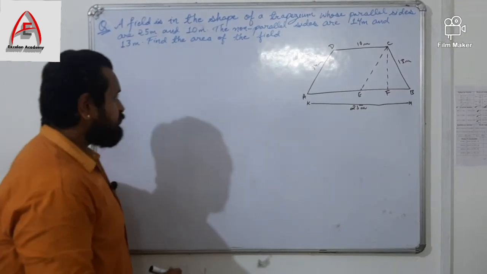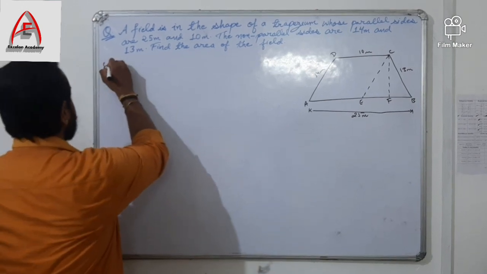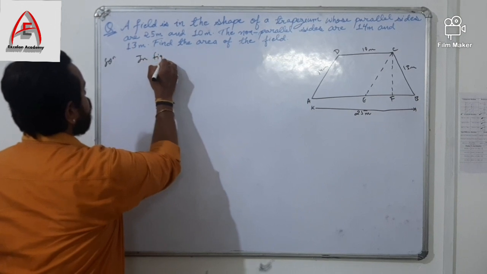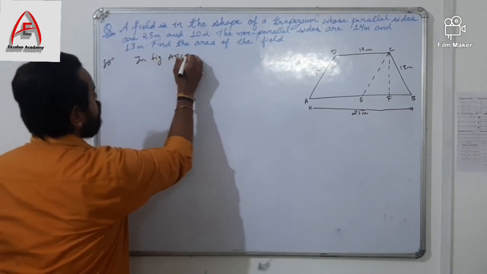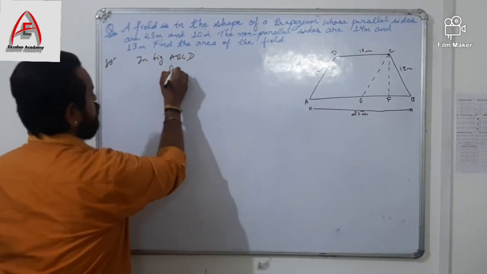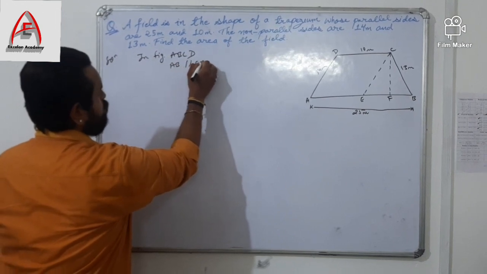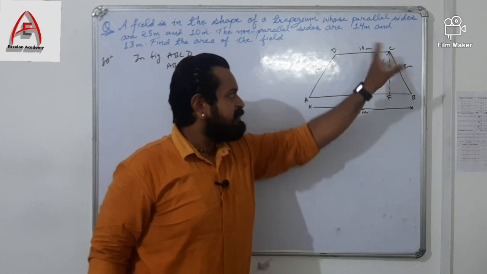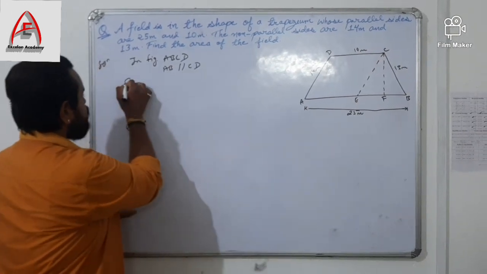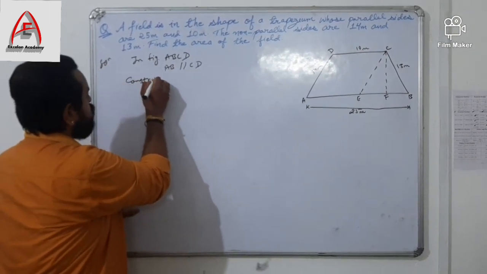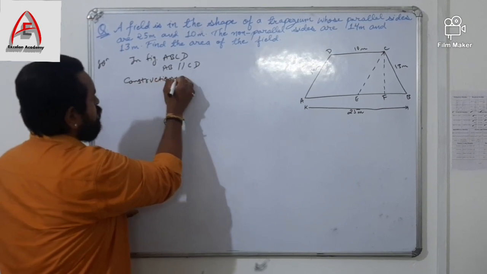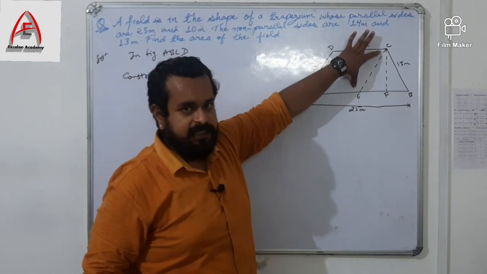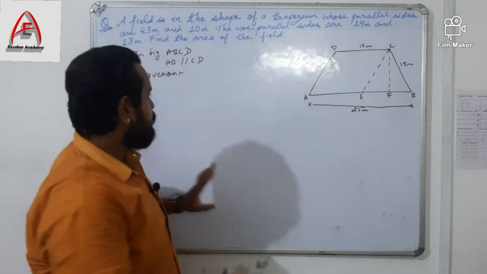Now let us write the information first. In figure ABCD we have AB parallel to CD. In construction we have drawn a parallel side CE to the AD.